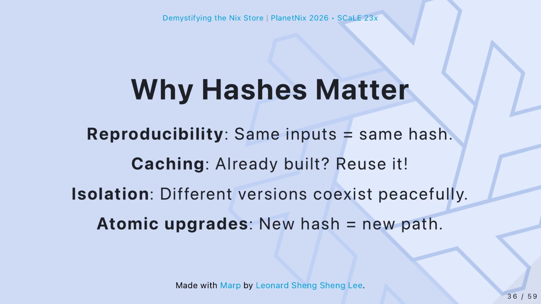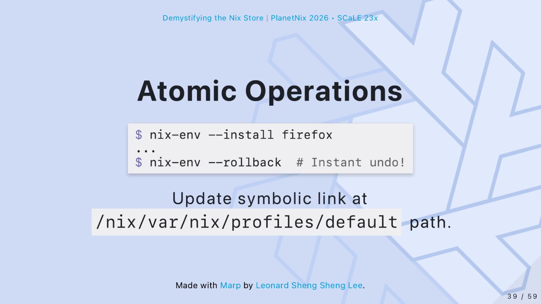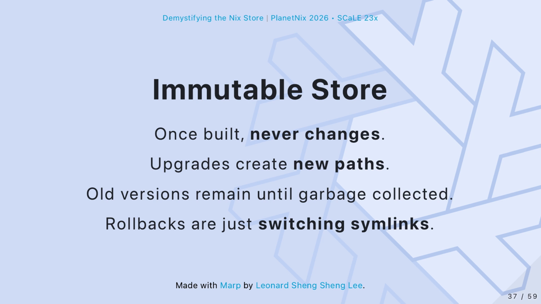So if someone else on their machine or from their caches has already built it, you can reuse that binary, which saves time. And isolation: different versions coexist peacefully, and also atomic upgrades. And yes, that's why the Nix system is so stable. You never modify existing software. Instead, you are creating new versions alongside the old ones.